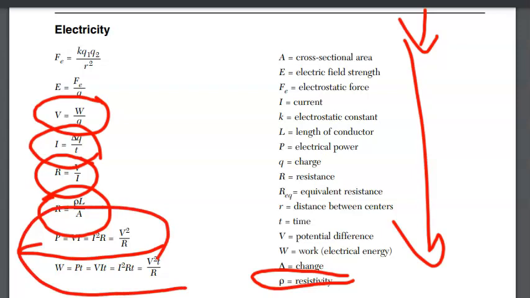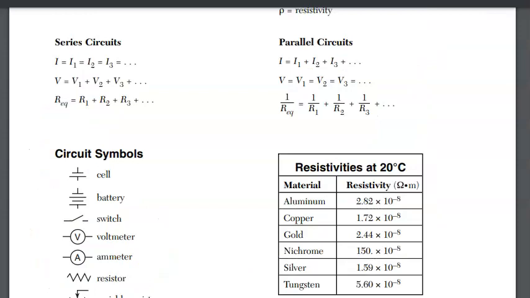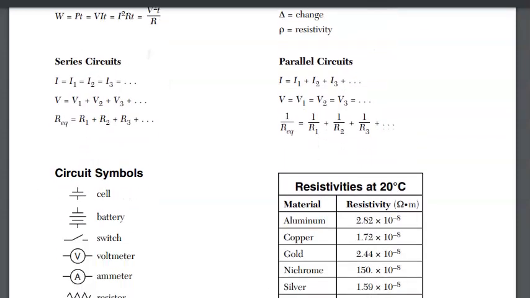Now, besides just straight electricity questions, there are circuits, right? That's where we have the wires, some sort of power source, and usually little bulbs or something that we're powering. We have two types: series and parallel. And here they are, my series circuits.